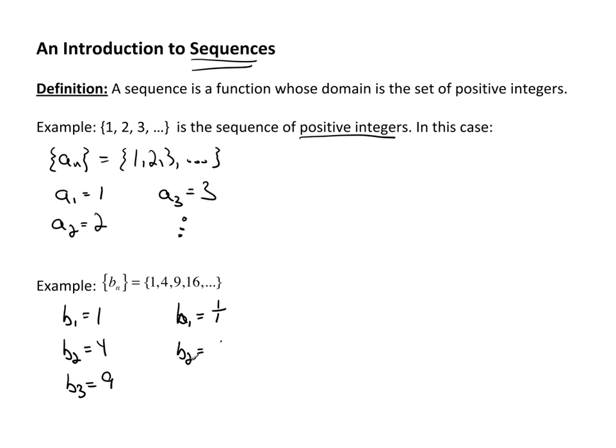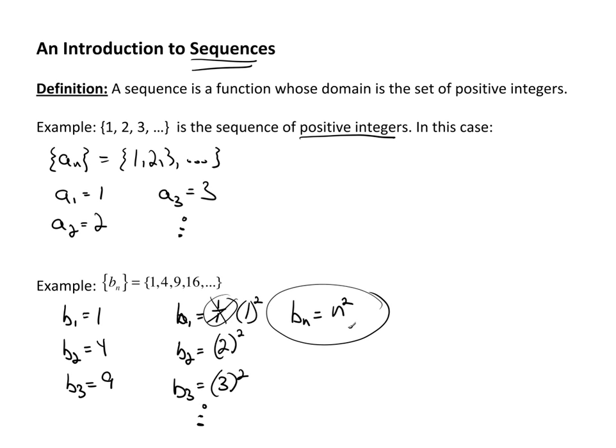I'm going to work with this 2, so I'm going to put a 2 there and square it. Let's see, b_3 is 9, but that looks to me like 3 squared. So 1 over 1 may not be a good choice here. This may actually simply be 1 squared. That will still give me the 1. Now what I have is an obvious pattern, so what it appears to be is that b_n is equal to n squared.